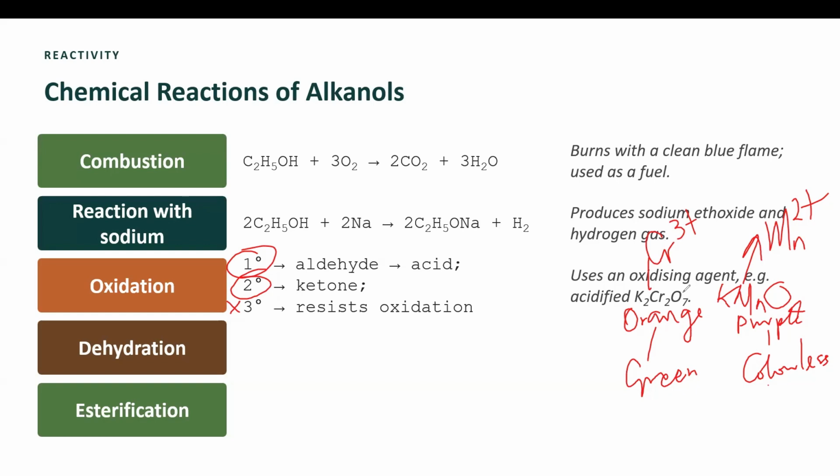So let me write it here. Manganese(II) is colorless. Chromium(III), sorry, I'm writing manganese again. Chromium(III) is green in color. All right? These are transition metals and they have variable oxidation states.